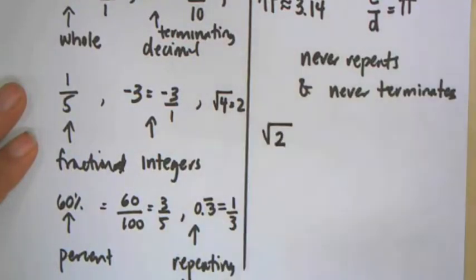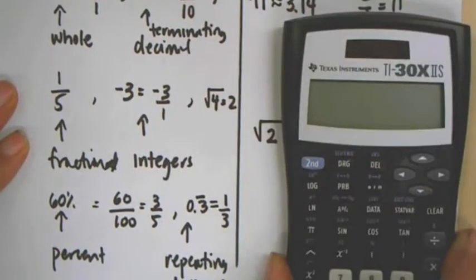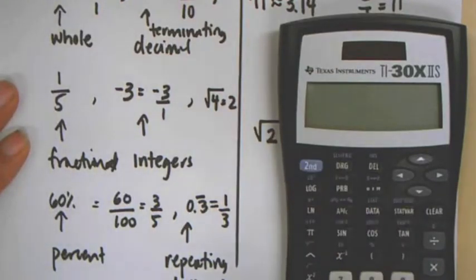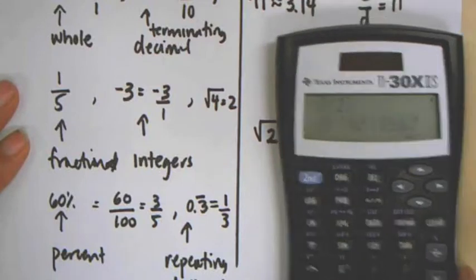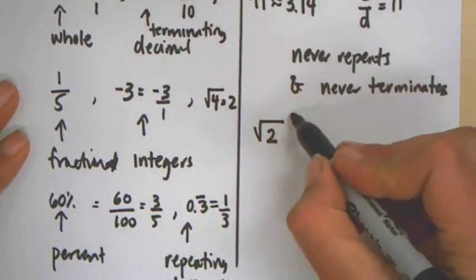But there are some square roots, such as the square root of 2, that if I take the square root of 2, it's like 1.142135, and it actually doesn't stop there. It just ran out of spaces. It's going to continue to go on forever and ever, and it doesn't repeat.